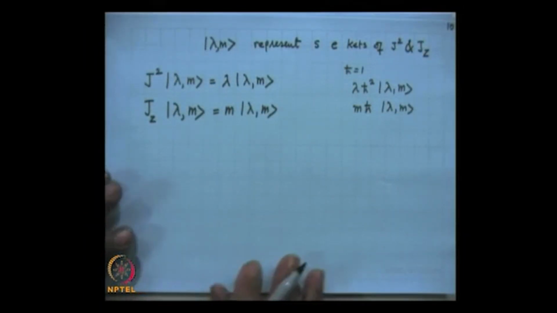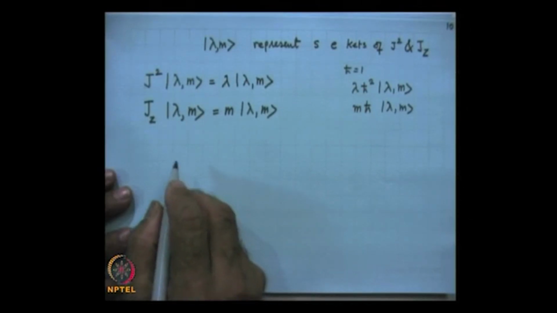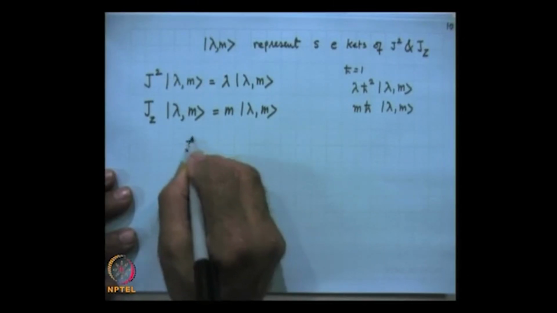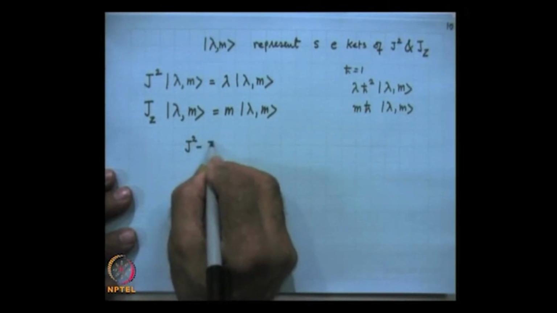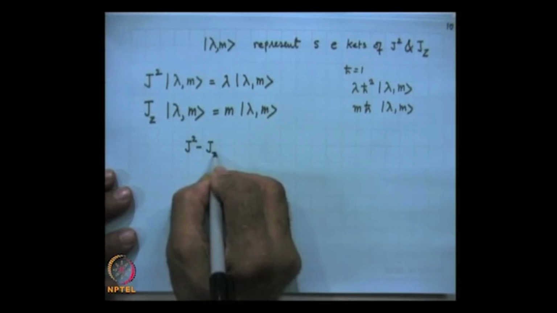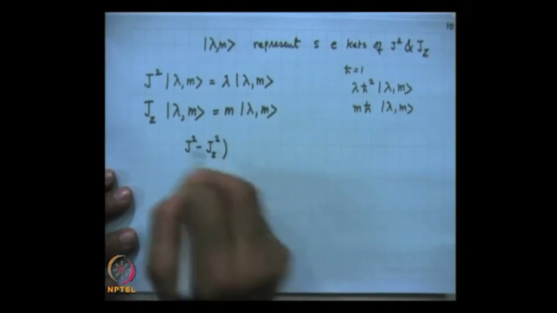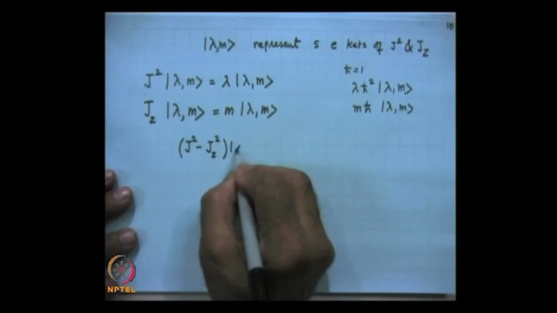First, I consider this operator j square minus jz square, operating on ket lambda m.